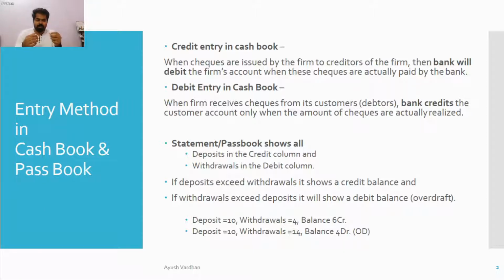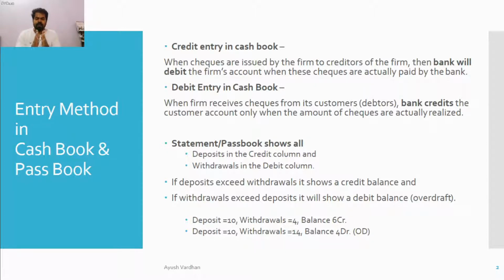What is overdraft? Let me tell you. So you have 10 rupees in your account and you are withdrawing only 4 rupees. That means you have 6 rupees in credit. Okay, so you still can withdraw the 6 rupees. Once you withdraw those 6 rupees, then your balance will be zero in your account.